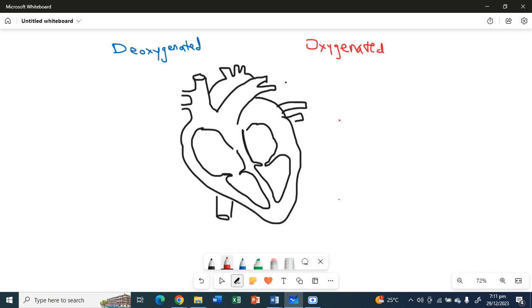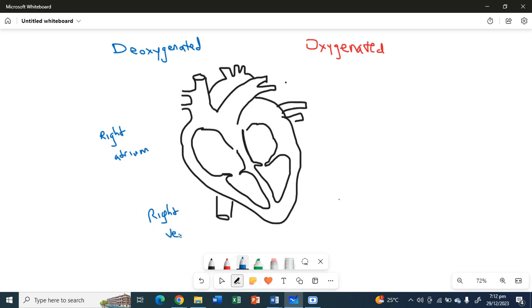All right. So we must remember the heart has got four chambers: the right atrium, and the right ventricle. These are the first two chambers.